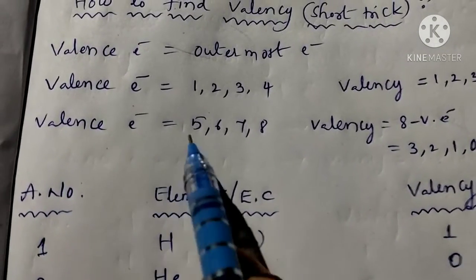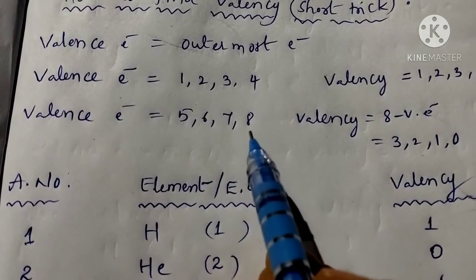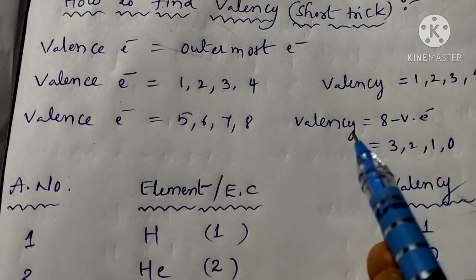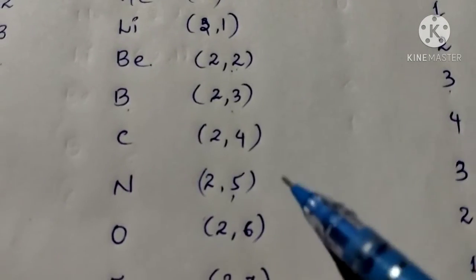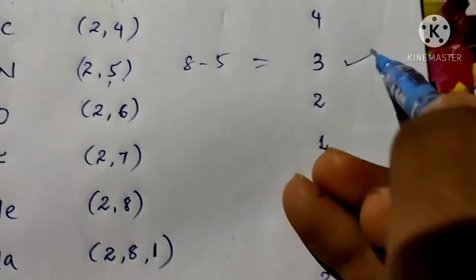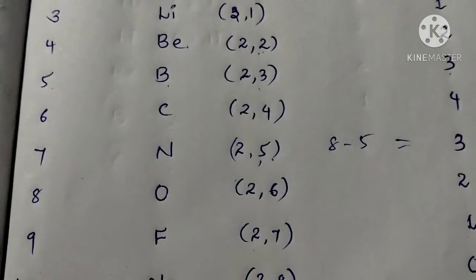Then what is the shortcut? If valence electrons are 5, 6, 7 or 8, then valency is 8 minus valence electrons. How many valence electrons here? 5. 8 minus 5 equals 3. So the valency of nitrogen is 3.